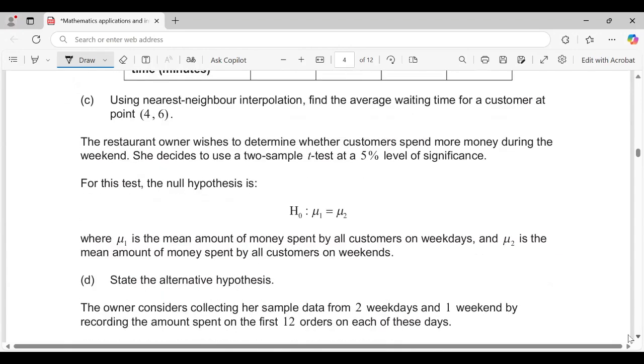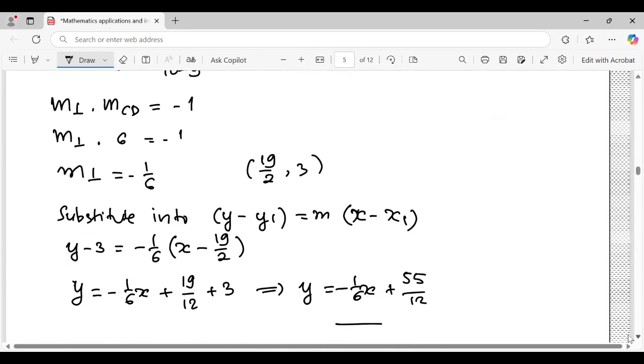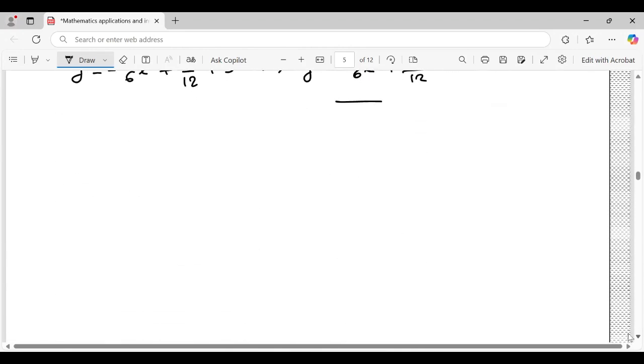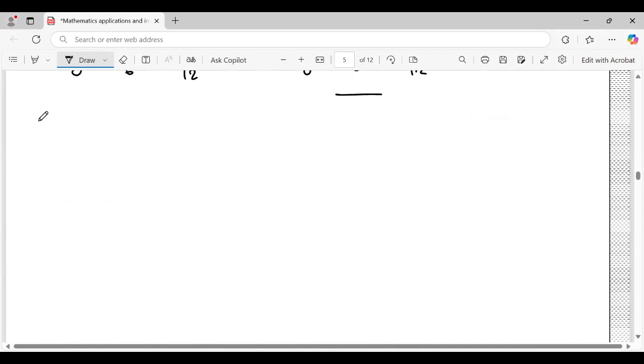Based on the information in the table, we need to find the closest station.